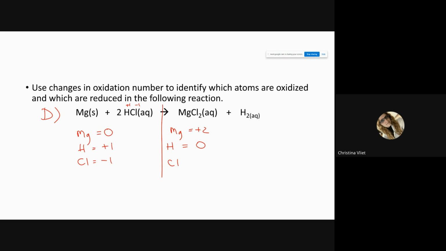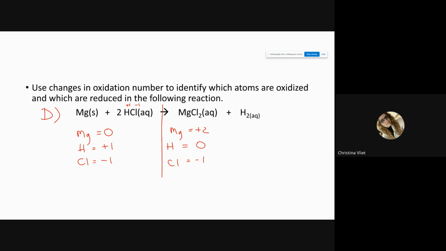This is in an ionic compound. So the reason why this is the next logical example to do is there's actually an element here that is neither oxidized or reduced. What element here is neither oxidized or reduced? Nothing happens to it. Chlorine. So that's not going to be an answer.